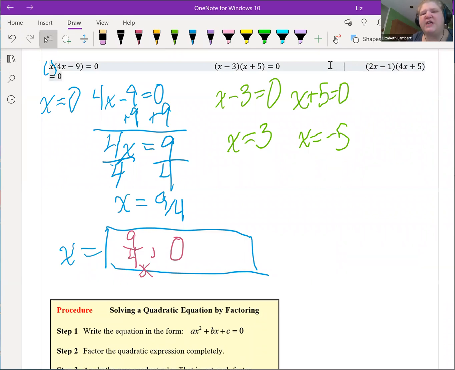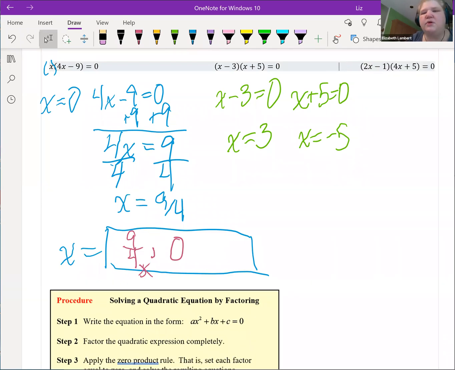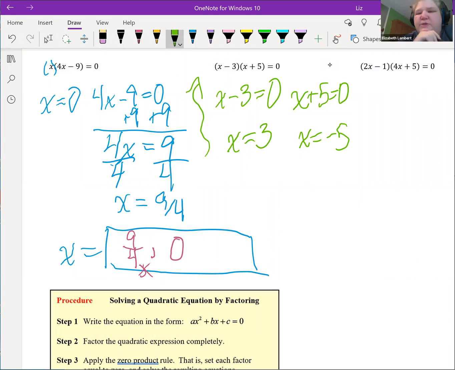Now, I want to draw your attention to something a little weird, but I want you to look at these backwards. Later on, we're going to have some designer polynomials where you get the roots given to you, and you have to backtrack to the factored form and then multiply it all out. So you're going to do exactly what we did here backwards.